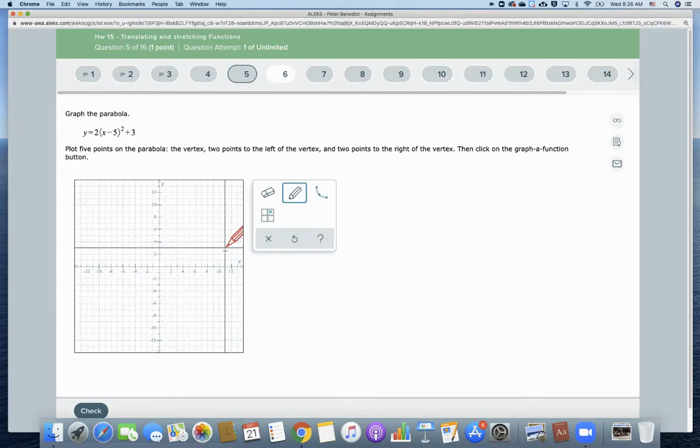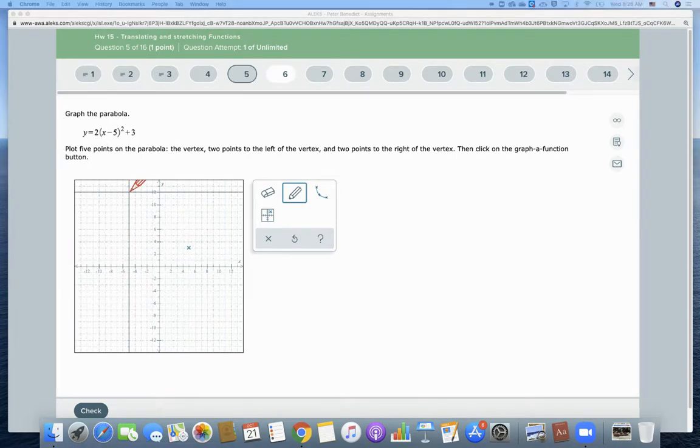So I'll graph that point, 5, 3. And then I'm going to start plugging in values on either side. My tools aren't working, so I'll just have to do it out loud. So I'm going to plug in 6 because that's 1 away, and then I'm going to plug in a value 2 away.